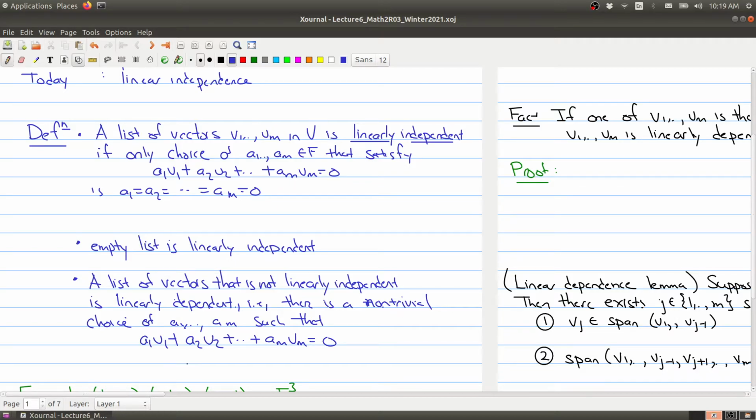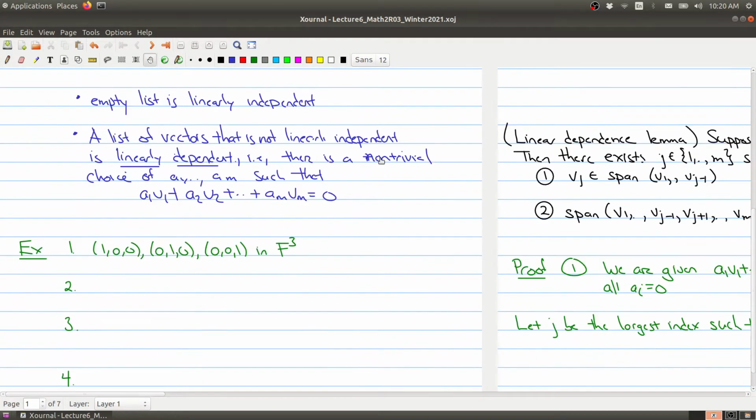The non-trivial part just says that some of the numbers can be 0, but at least one of the numbers is non-zero. So these are the key terms here: linearly independent and linearly dependent.